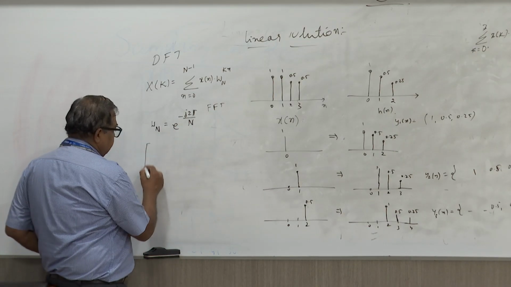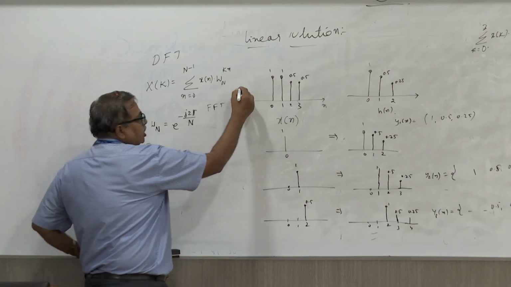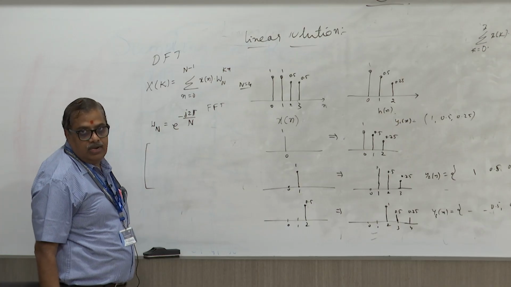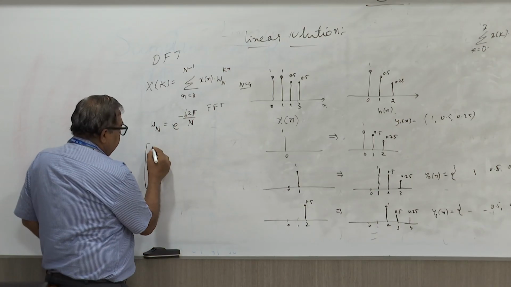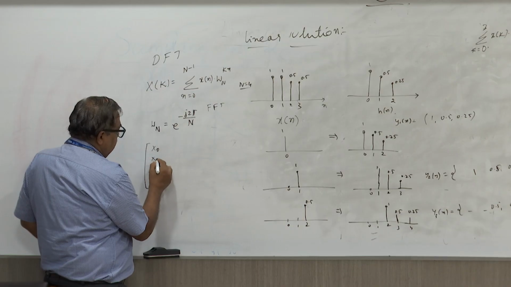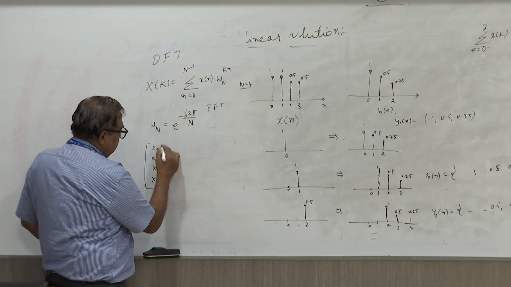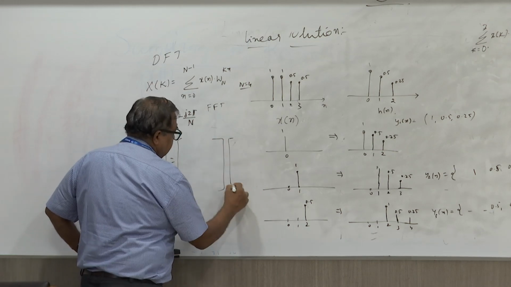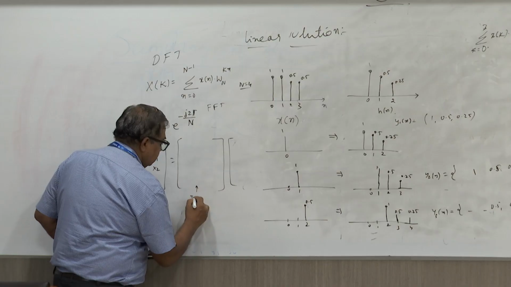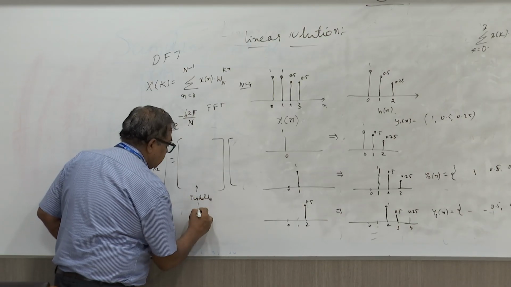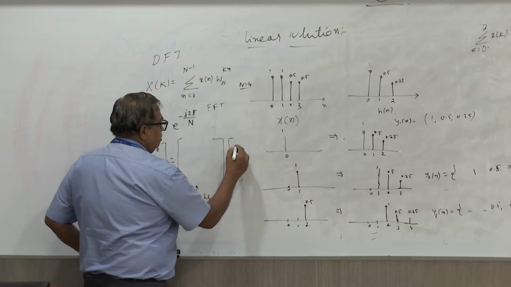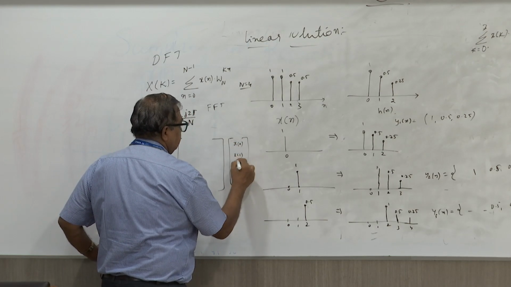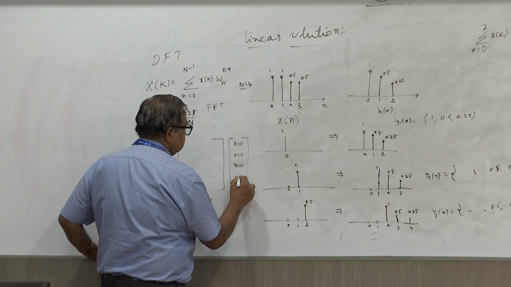If I take N equal to 4, which is a 4-point DFT, I can write on the left hand side X of 0, X of 1, X of 2 and X of 3 equal to a 4 by 4 matrix of the twiddle factor, multiplied by small x of 0, small x of 1, small x of 2 and small x of 3.